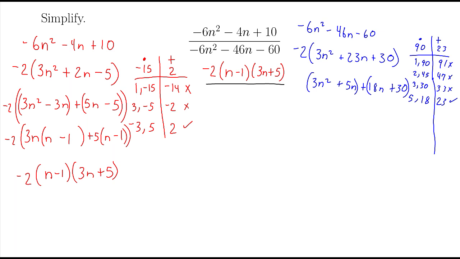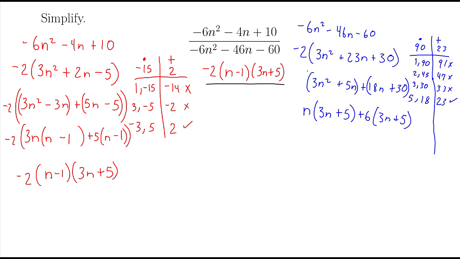3n squared plus 5n have a common factor of just n. If I divide by n, I'm left with 3n and positive 5. 18n plus 30 are both divisible by 6. If I divide by 6, 18 divided by 6 is 3, so we have 3n, and 30 divided by 6 is 5.